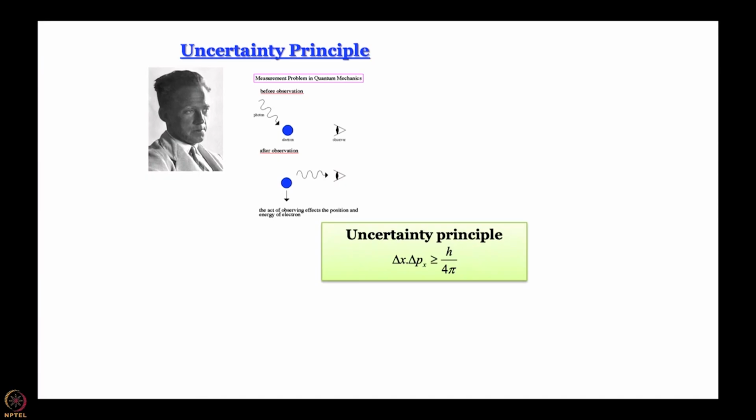The uncertainty principle says delta x multiplied by delta px has to be greater than or equal to h by 4 pi. And it is important to understand that this uncertainty principle is not something that can be circumvented by making a better instrument. The subsidiary quantum number, for example, came due to the advent of better spectrometers. The uncertainty principle has nothing to do with instruments. It is the limit beyond which nature does not let us probe it.